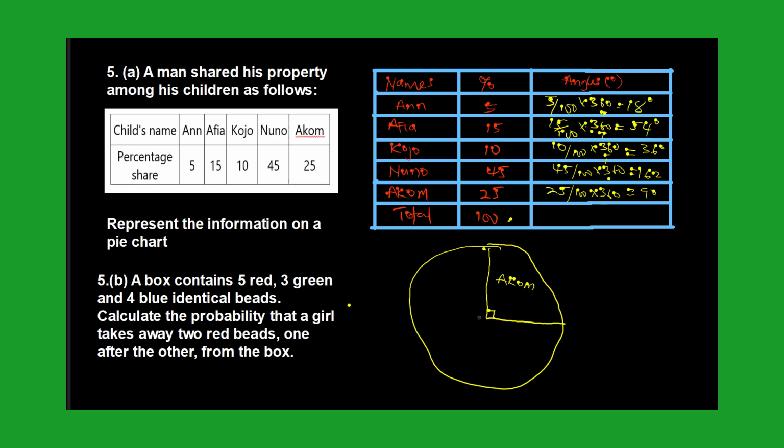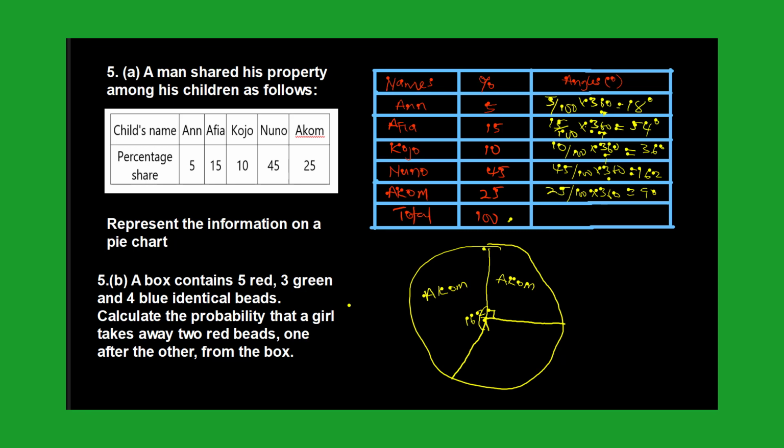Then followed by Nono. Nono is 162. If here is 90, then we can just give a guess of 160 to be something like this. So Nono here will be 162. Then Kujo is 10, and that's followed by Afia.